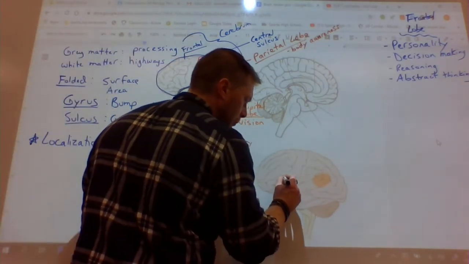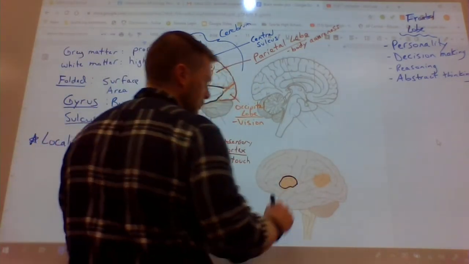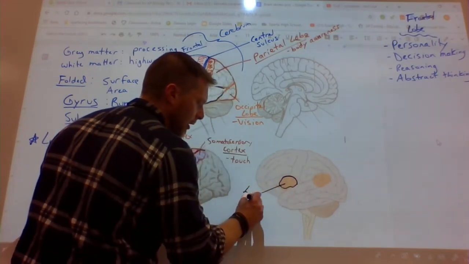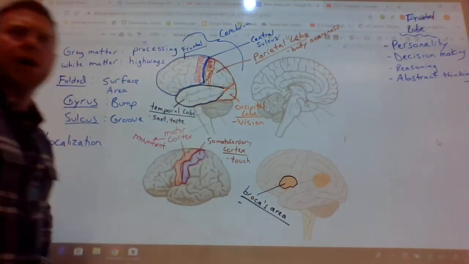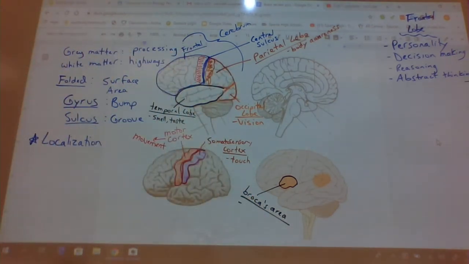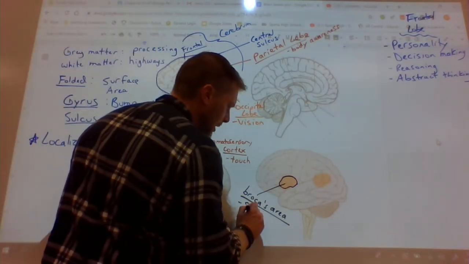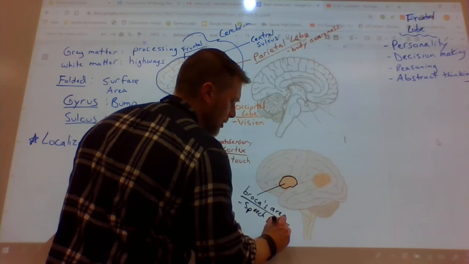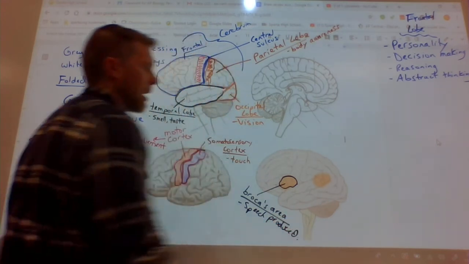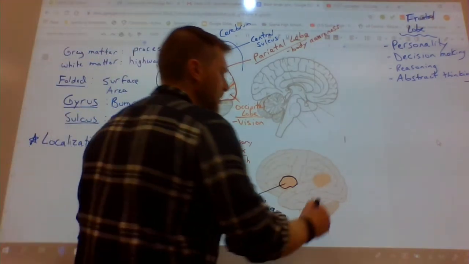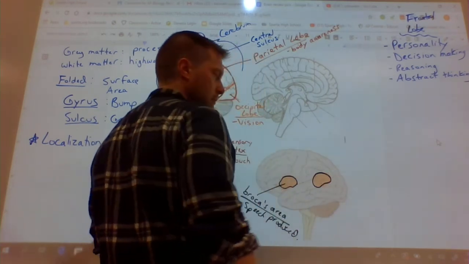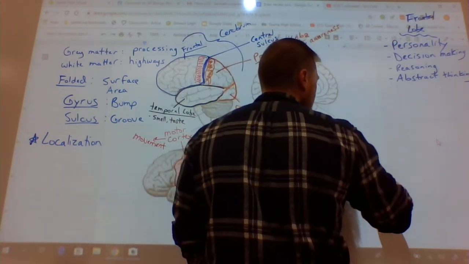Towards the front of your brain right here, this region is called Broca's area. And Broca's area is where what gets produced? Yeah, speech or language. So speech is produced in Broca's area, towards the front of the brain. It's actually part of your frontal lobe. This region right here in the back of your brain, we call this Wernicke's area.